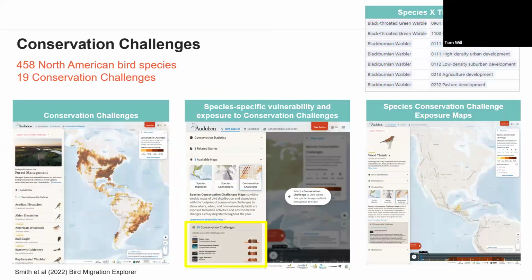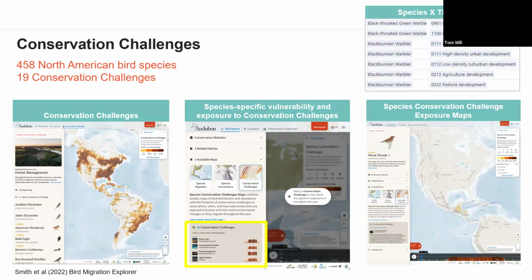And then the second thing that we've really dug into over the last several years is conservation challenges, another one of those things in that word cloud that appeared: threats, impacts of threats. And so we looked at threats in multiple ways. One of the things we spent a lot of time on was what we're calling a species by threat matrix.